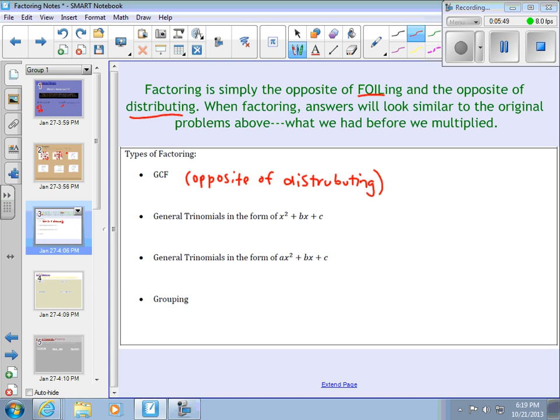This is the one that's the opposite of FOIL. General trinomials where you have a number in front of the x squared, that's where we're going to be using a process called grouping that we'll look at tomorrow. All right, let's try some examples out.